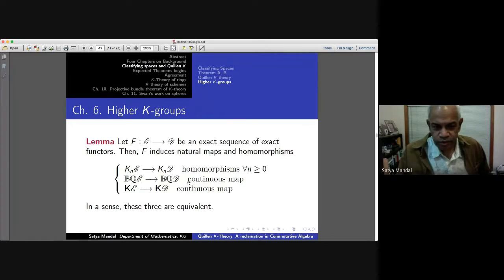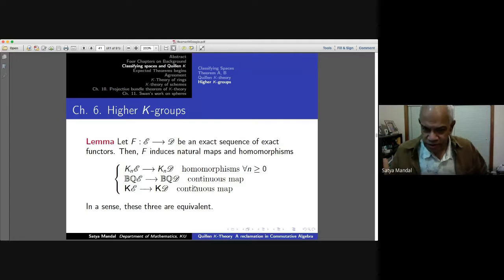The classifying space of Q of E to the classifying space of Q of D, there is a natural map. Okay. And then its homotopy groups are K groups, so we have the map. And the third line is the loop space of the classifying space, which essentially, basically, is K. It helps us to write Kn of E as pi n of KE instead of pi n plus 1 of the classifying space BQE.